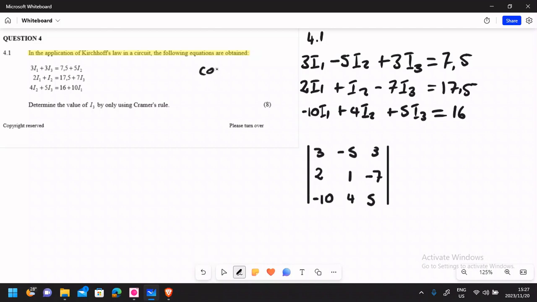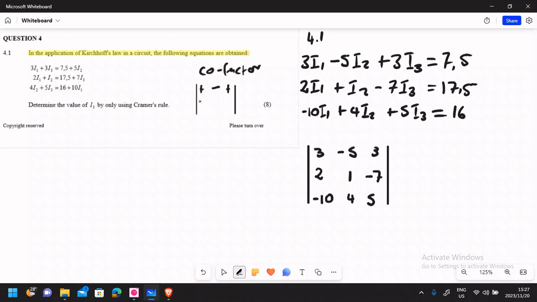So the cofactor, I hope you're able to see. The cofactor is the signs within the matrix. The first one is positive, then the alternate is negative, then the other one is positive.